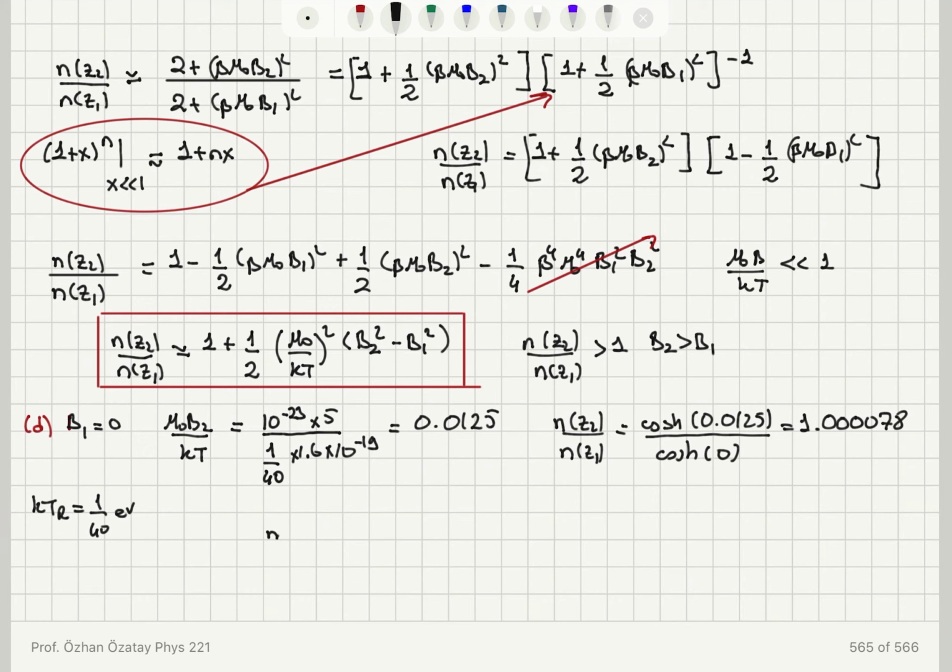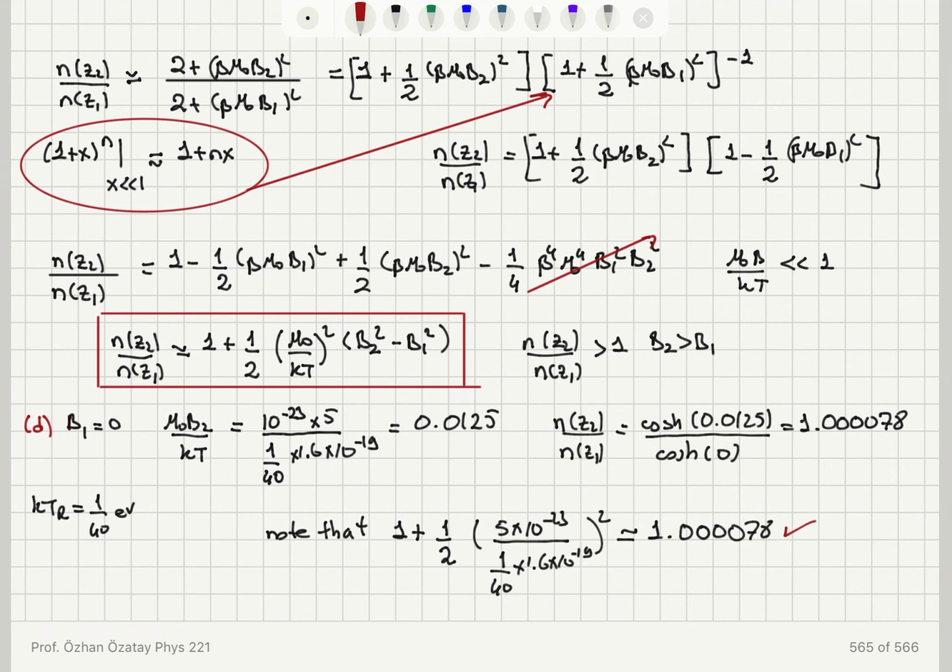And also note that if I calculate this using my approximate expression, 1 plus 1 over 2 times mu 0 b2 over kT squared, which is 5 times 10 to the minus 23 over 1 over 40 times 1.6 times 10 to the minus 19, squared, this also gives me 1.000078, approximately the same answer.